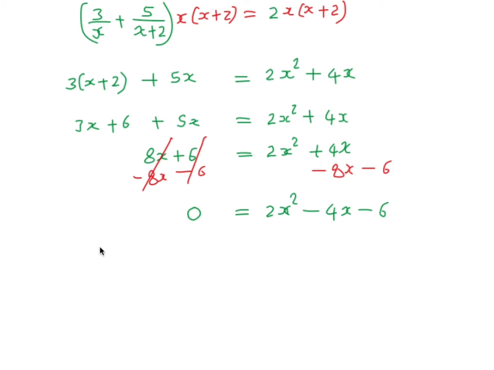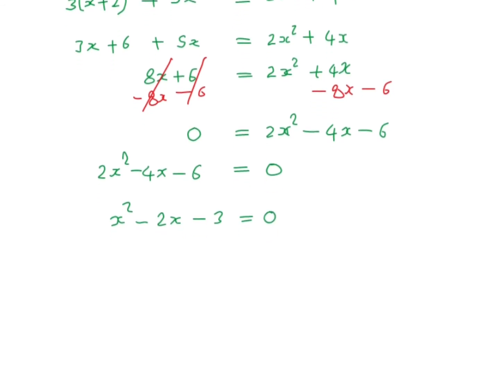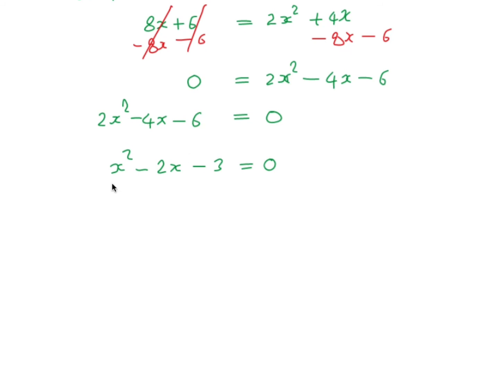So we can write 2x square minus 4x minus 6 equal to 0. Can we take common 2 from here? Yes, so we can divide the whole equation by 2. So x square minus 2x minus 3 equal to 0. And this is a quadratic equation and we can solve it by the factoring method.